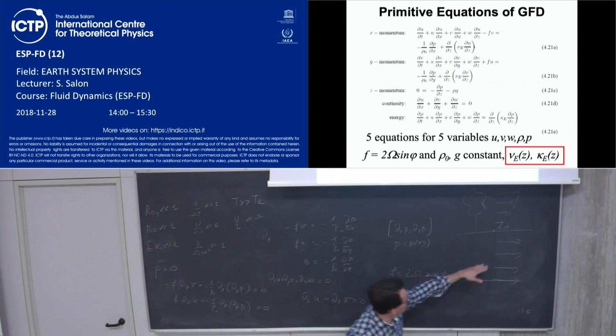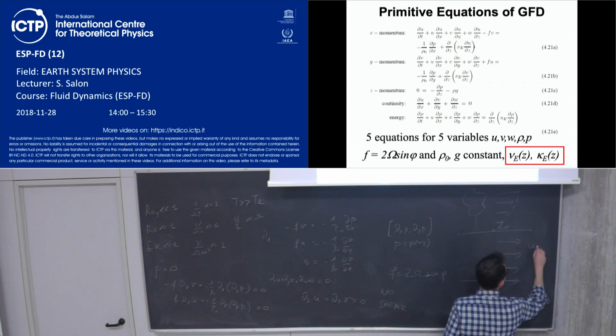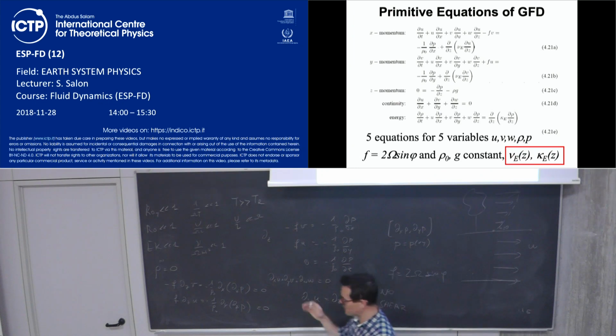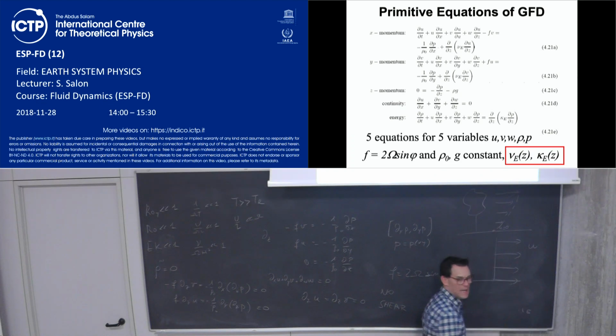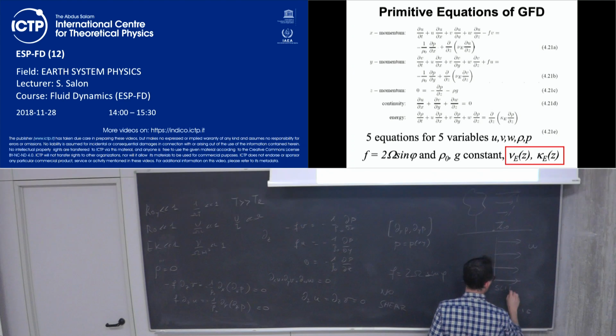Okay? So the value of u when we fix a position x and y is the same along the vertical direction. What happened? It happened that close to the ground we have what is called slip.